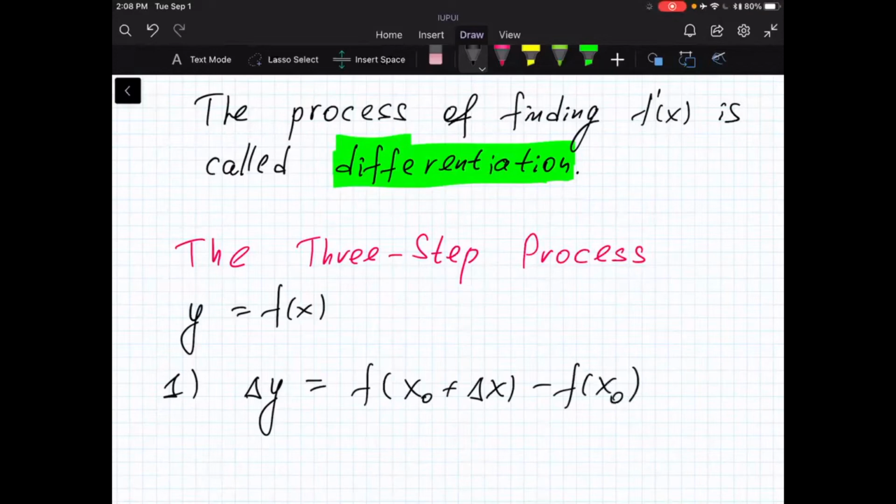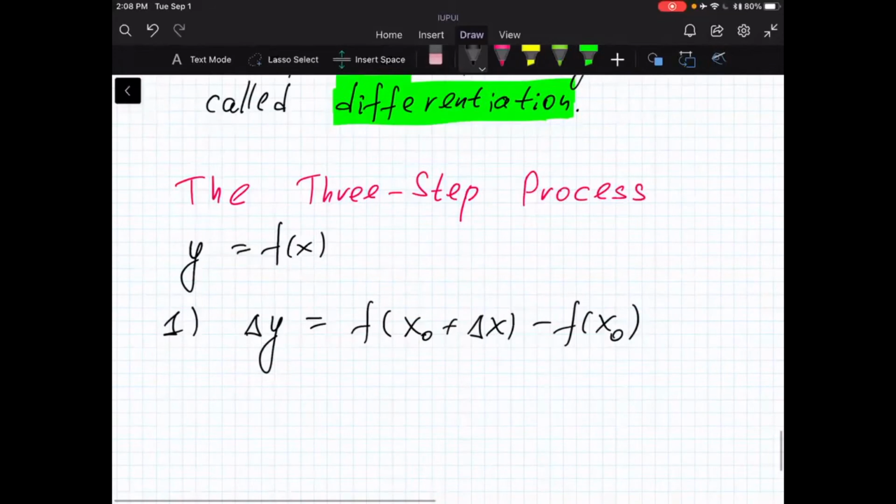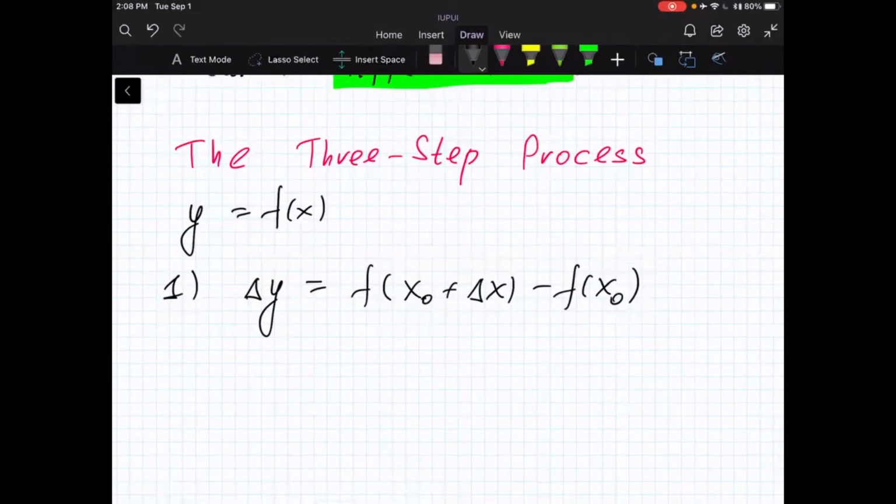That's what we did in the previous sections when we evaluated functions at specific points. And the second step: write down the ratio delta y over delta x. Basically, just write it.